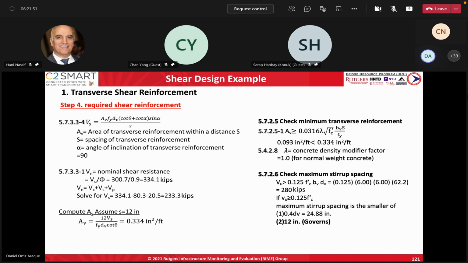And also we check for the maximum stirrup spacing, which has two conditions: either 0.4 dv or 12 inches. So in this case, we have to use 12 inches. So that's why our assumptions are correct.